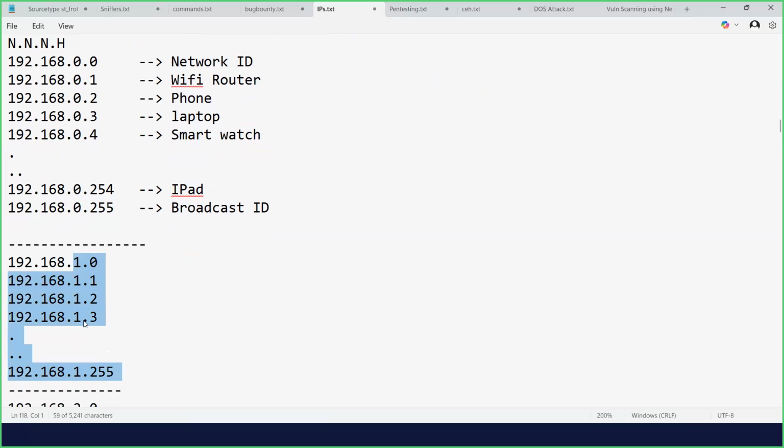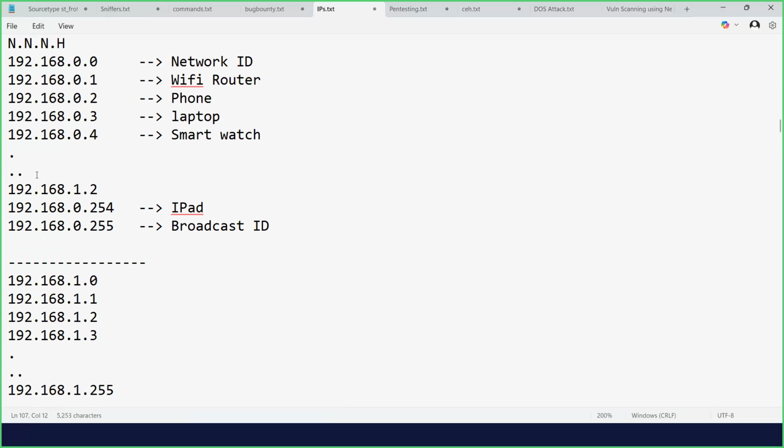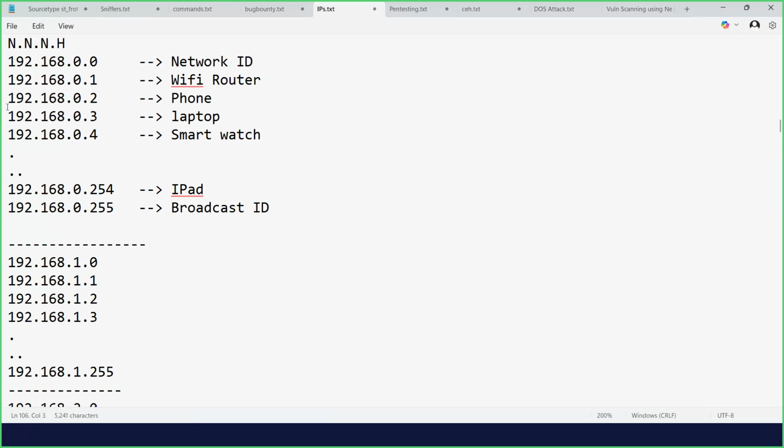Now, two different networks can't communicate with each other unless you have something called a router in between. So even if you bring a device like 1.2 and connect it physically in this network, it still cannot communicate with the other devices, because the network portion is different. Again, the network portion gives the identity for the entire network, and the host portion gives the identity for that individual host in that network.